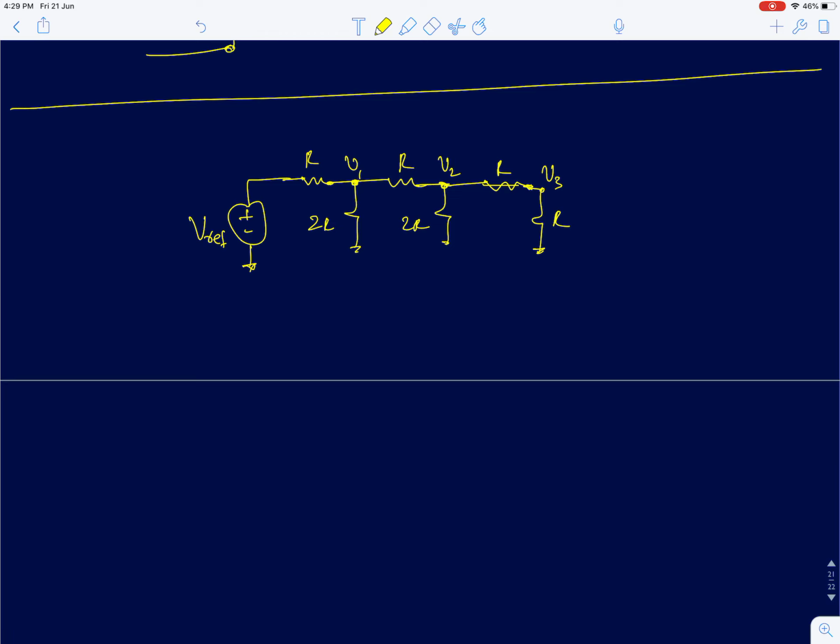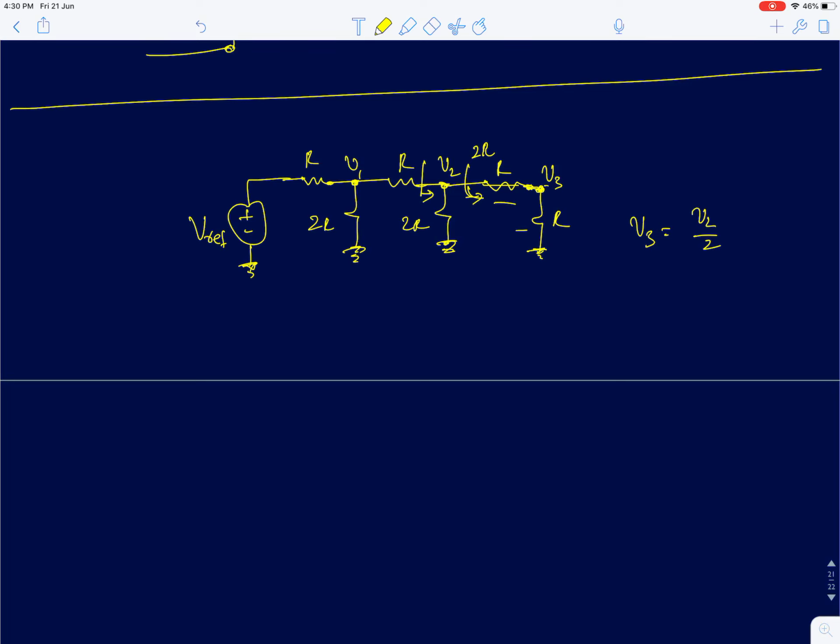Okay. So how do we go about this circuit is we start from the end. These are all grounds. These are all ground points. We start from the end. The resistance seen here is 2R: R and R in series, you get 2R. Now the resistance seen at node V2, we can actually write some simple relations. If you see node V3 here, V3 can be written as V2 by 2, right?